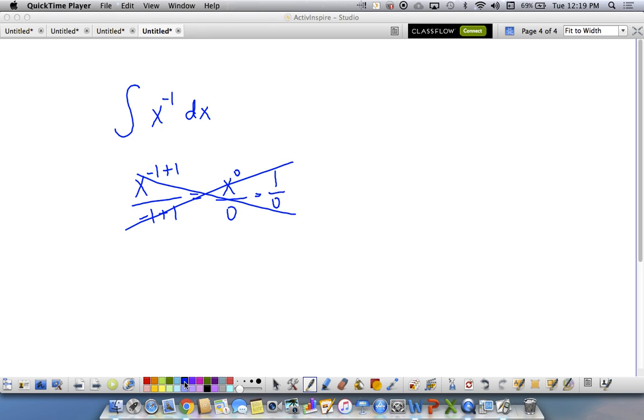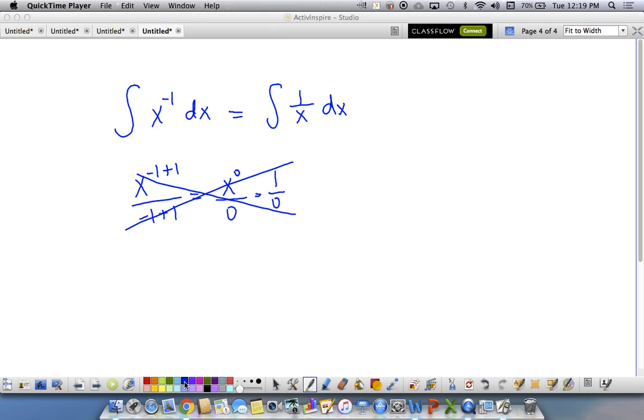Okay? What do you know x to the negative 1 is? At this point in time, I would rather you write it as 1 over x dx. Is there a function whose derivative is 1 over x? Think back. If you've got that cheat sheet, pull it out.